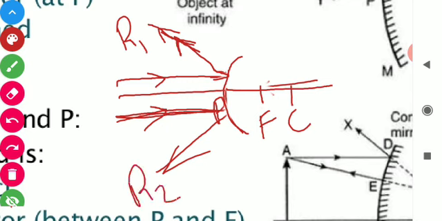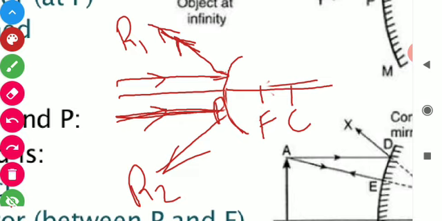But these both are not meeting actually. So they diverge, so they will not meet at any point. But to make image, we have to see that point where two reflected rays of light meet. But here they are diverging. As they are diverging, so they will not meet.